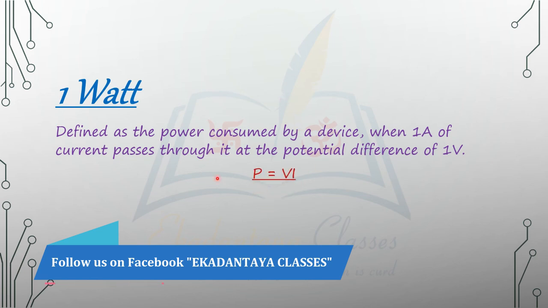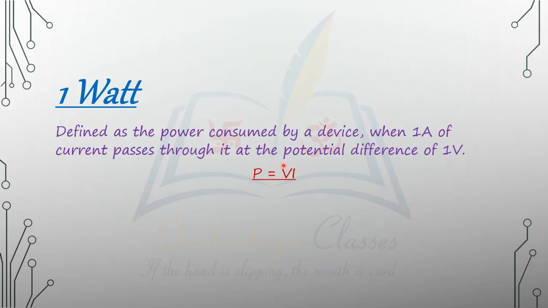P is equal to VI, so 1 watt is equal to 1 volt into 1 ampere.